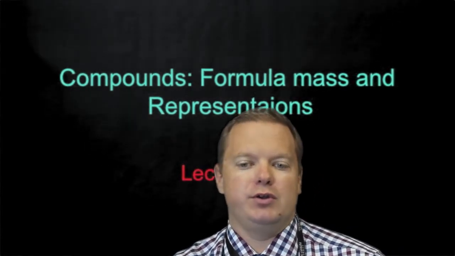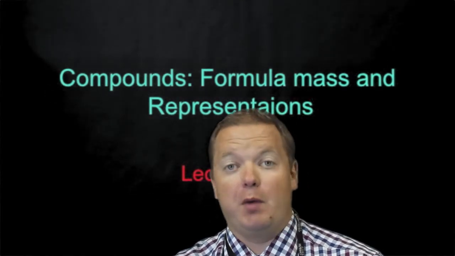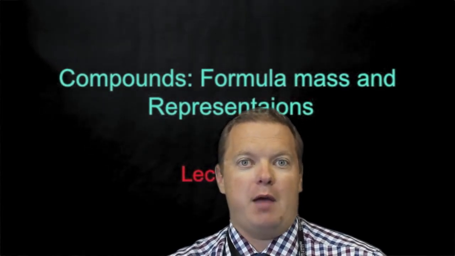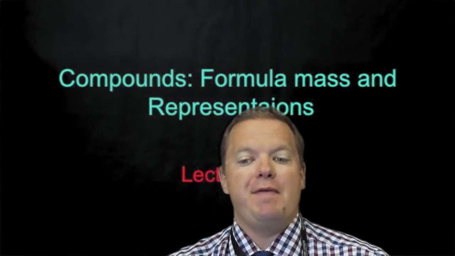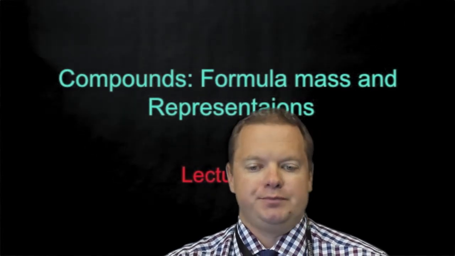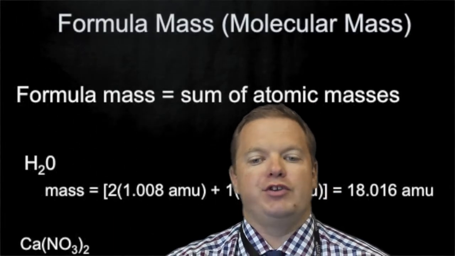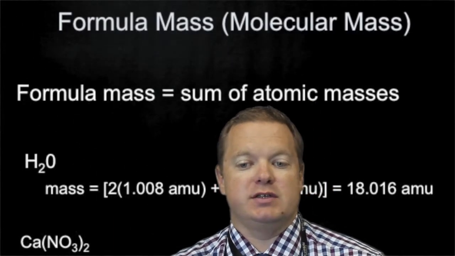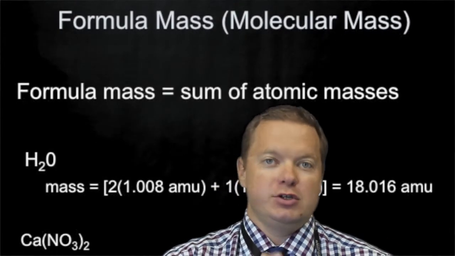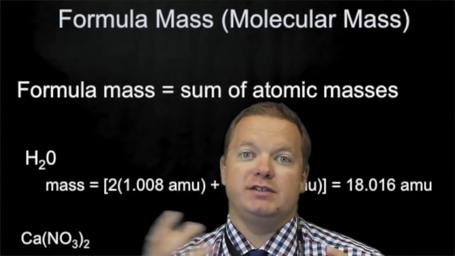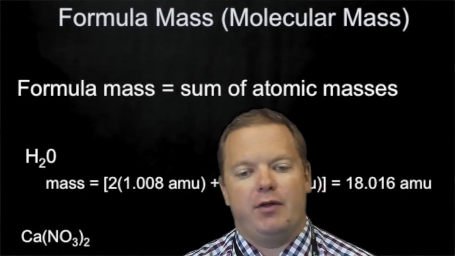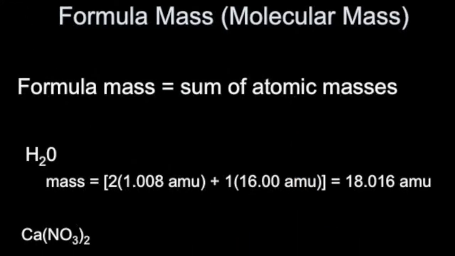The first way we're going to do that is we're going to talk about the formula mass, how much those compounds weigh, and then how we can represent those on paper. So this first one, formula mass: the formula mass is the sum of those atomic masses. We're going to take all the atoms present and the mass of each one of those atoms and add them together. So for example, H2O.